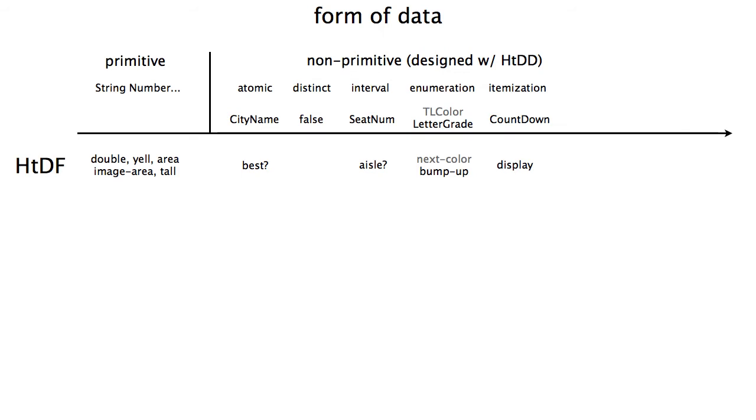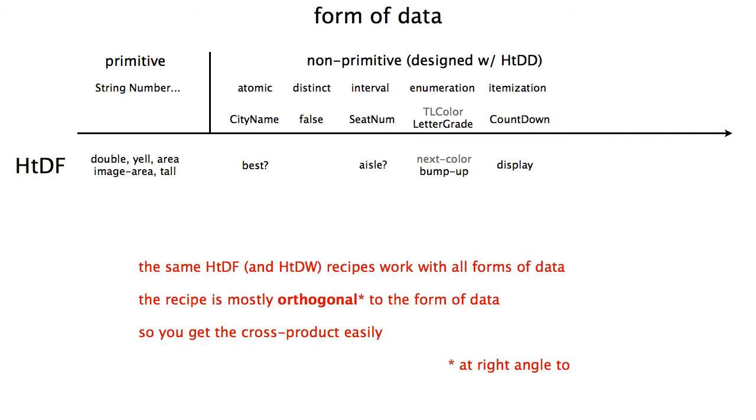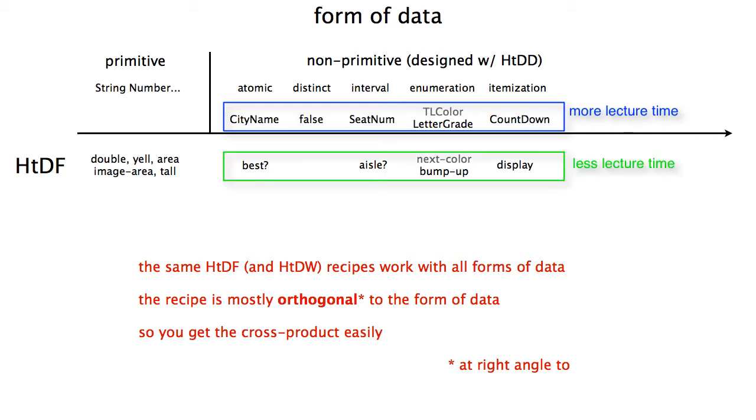As I said before, the HTDF recipe is largely orthogonal to the form of data. So HTDF works the same way with different forms of data. And what that means in this week is we're going to focus most of the lecture time on designing different kinds of data definitions. And we're going to have to spend much less time on designing functions that consume that data.